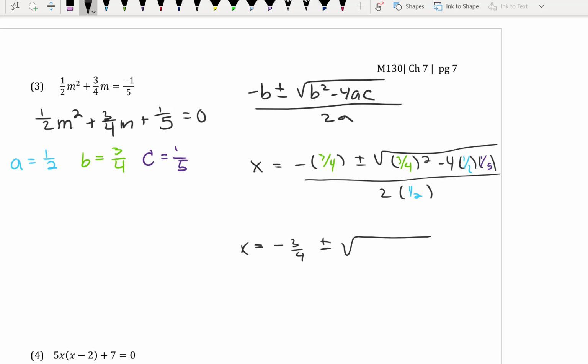So I have 3/4 inside parentheses squared minus 4 times your fraction of 1/2 times your other fraction of 1/5.